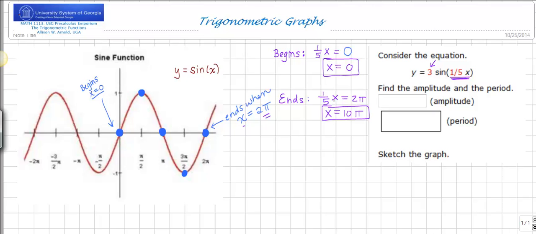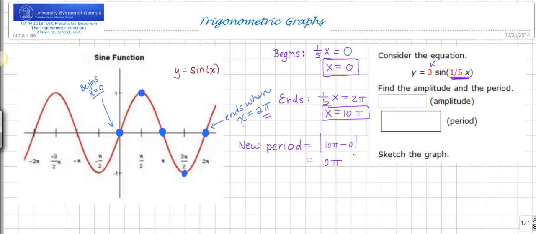So it is basically horizontally stretched. Think of it as taking a slinky and stretching it way out. So your new period will be the distance between where you end minus where you began on the number line, or 10 pi units.